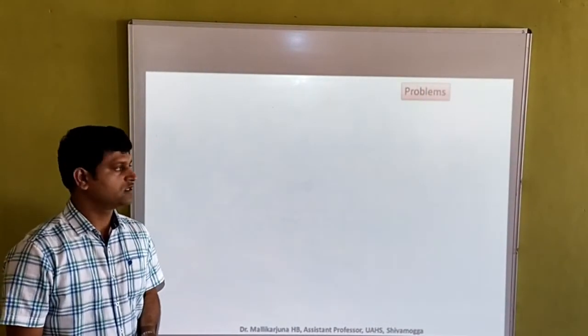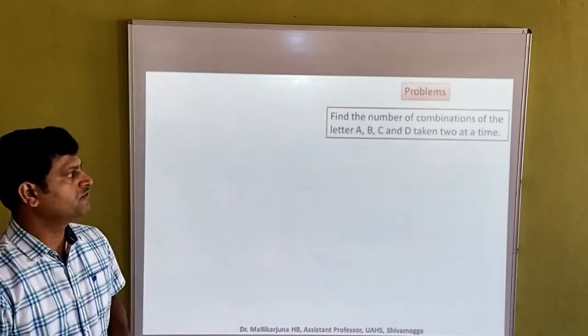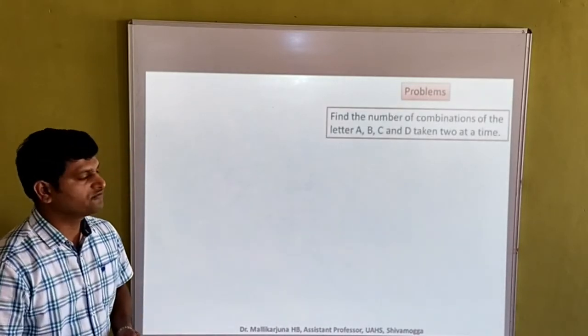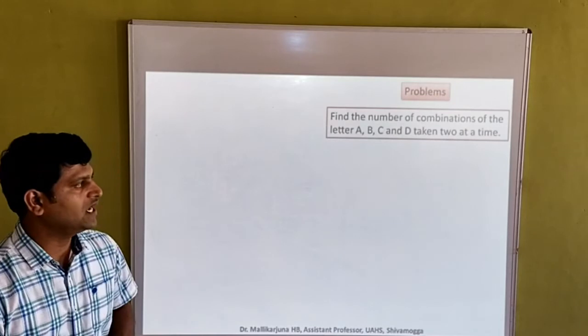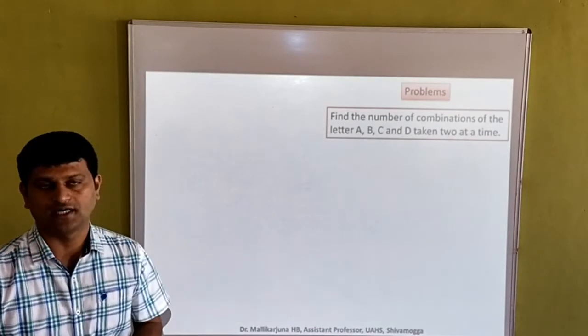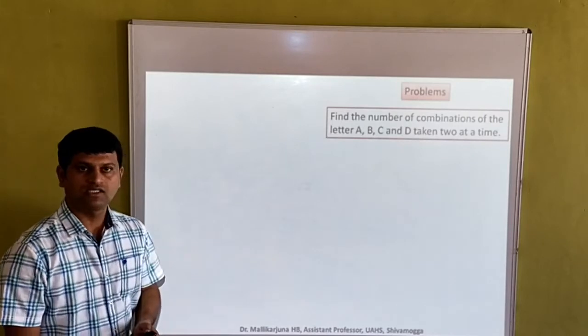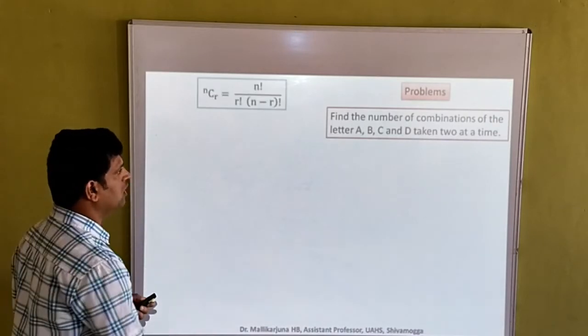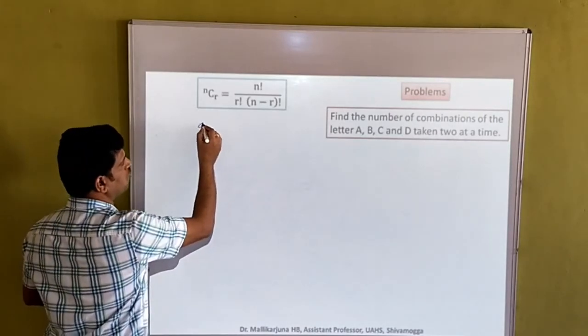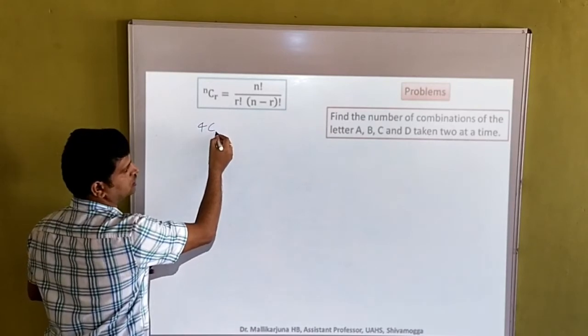Now, other different types of problems. Find the number of combinations of the letters A, B, C and D taken 2 at a time. Here n is 4, r is 2. This is the formula. So here 4C2.